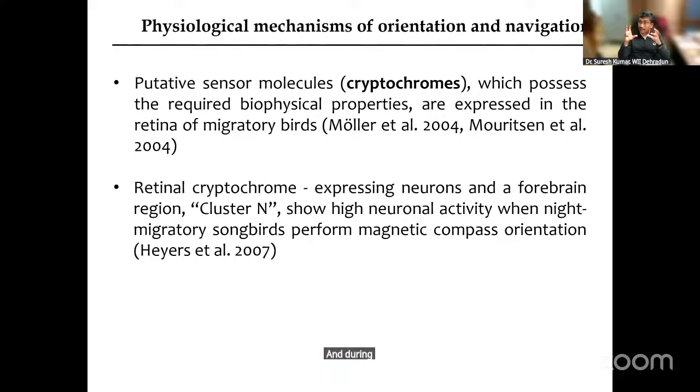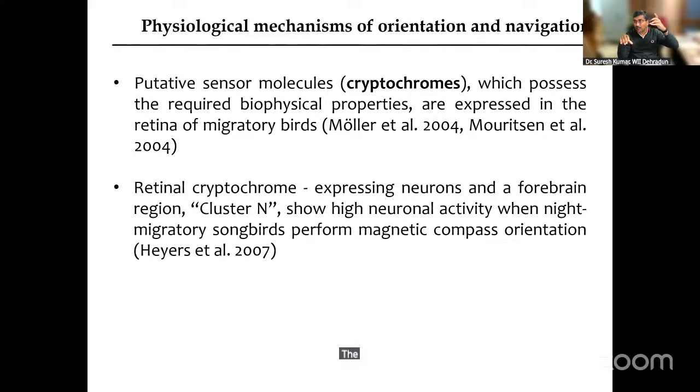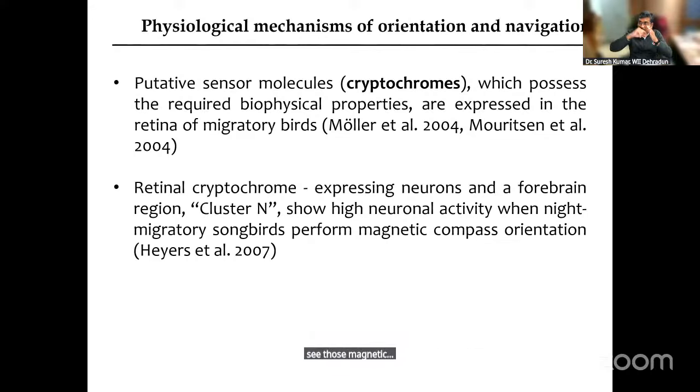And during the same time, they have tried to look at the neuronal activity in both of these birds, and you will see a very starkly different pattern in the migratory songbirds. So indicating that there are cryptochromes being expressed in the retina. So these birds are definitely able to see those magnetic lines, literally, as to which direction they need to fly.